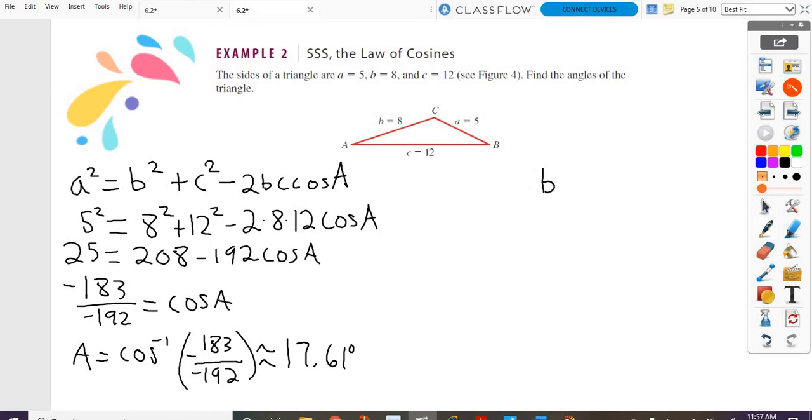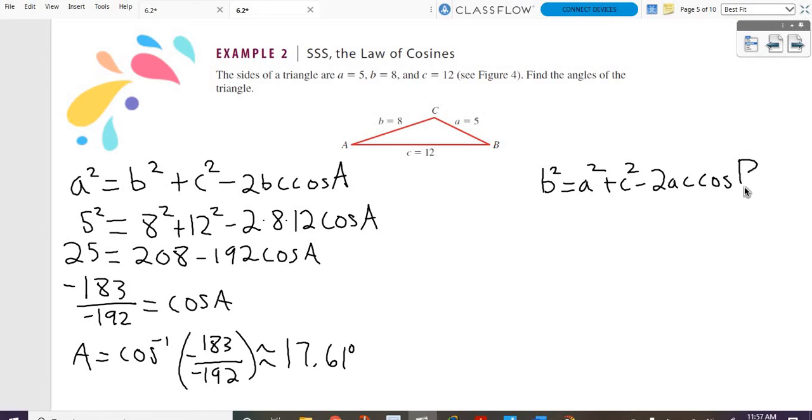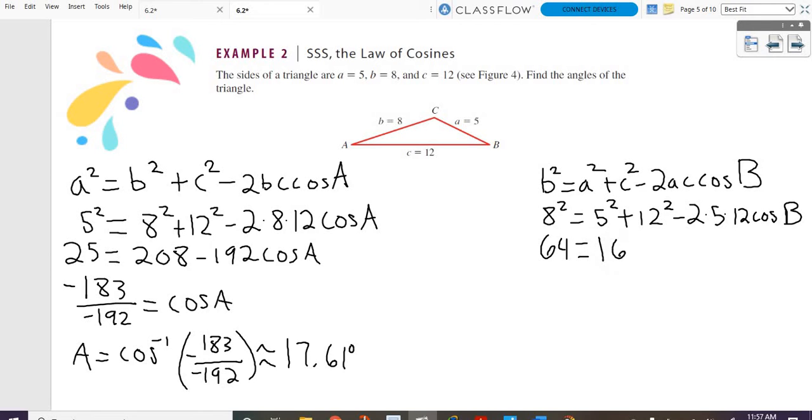It's going to work very similarly. So we're going to get 64 equals, we get 25 plus 144, which gives us what? 169.